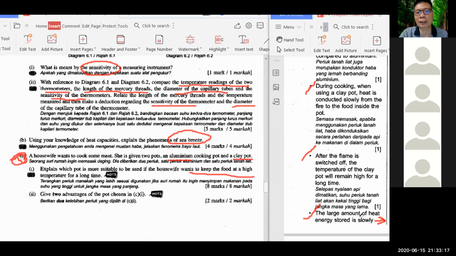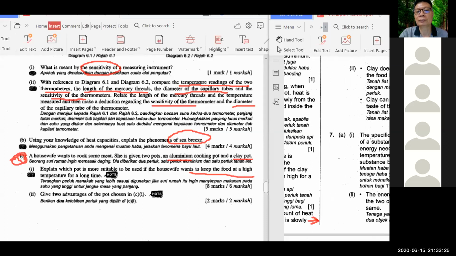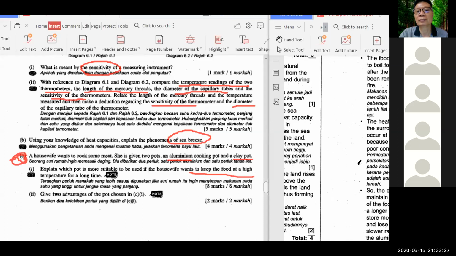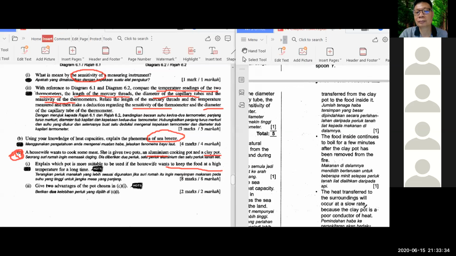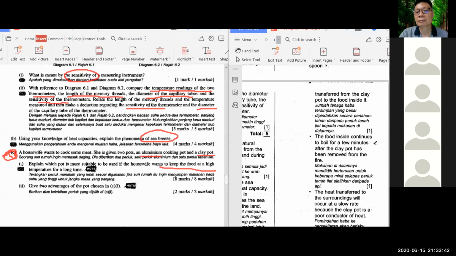Next, large amount of heat energy stored is slowly transferred from the clay pot to the food inside.